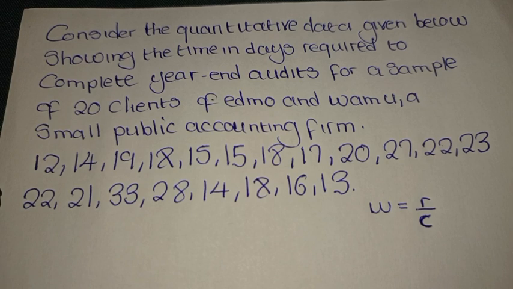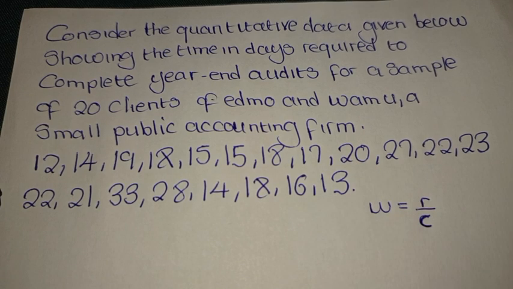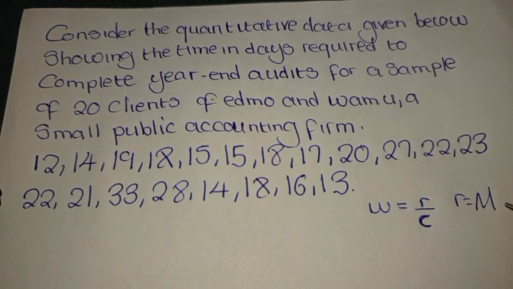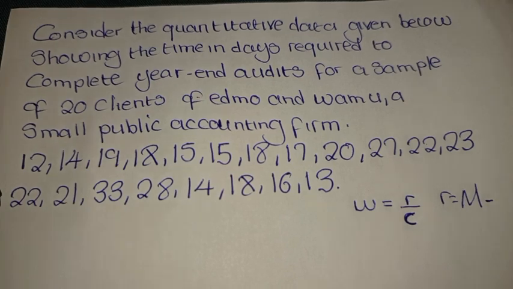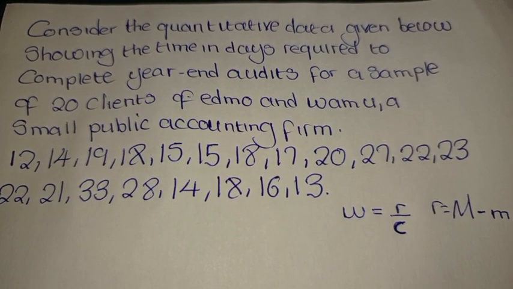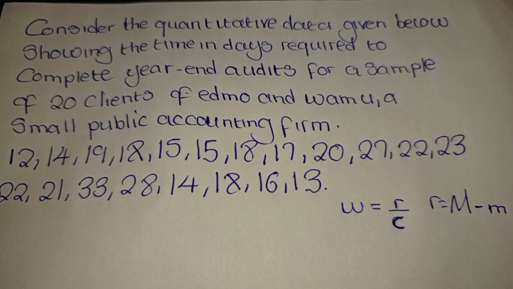If you have the time, you can just pick the smallest and the largest values to find the range. Remember, range is given by the maximum minus the minimum value. The range is simply the maximum minus the minimum value.